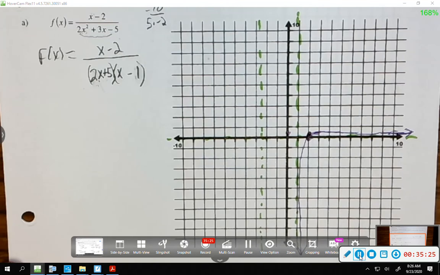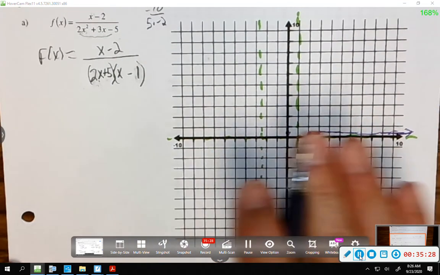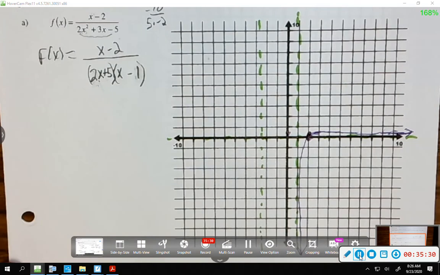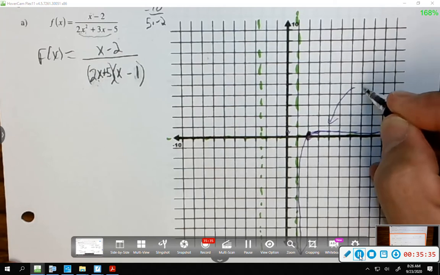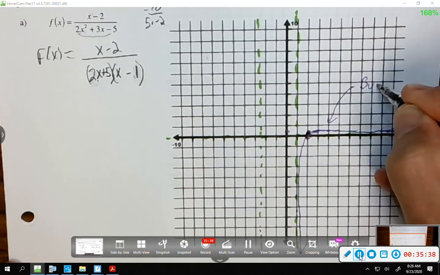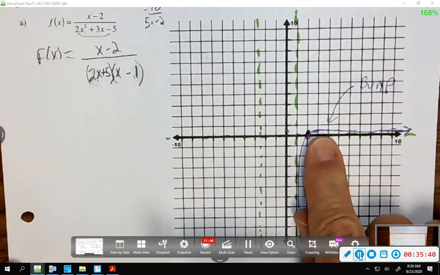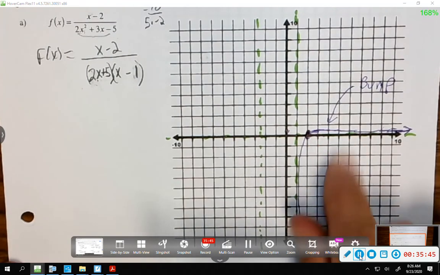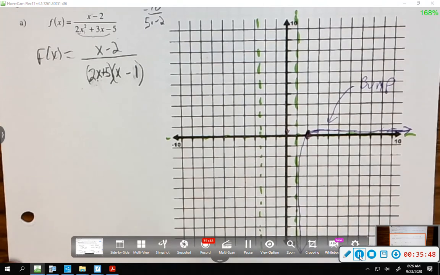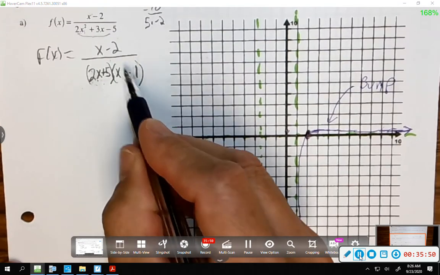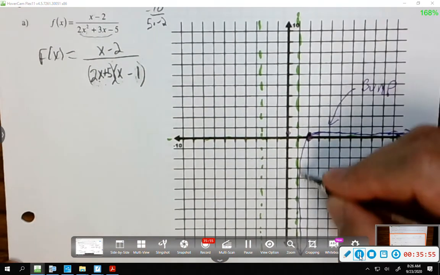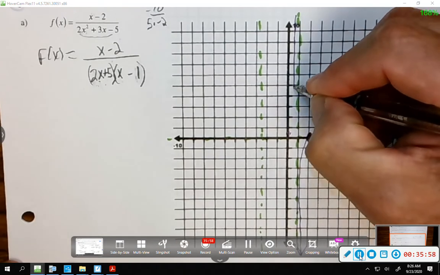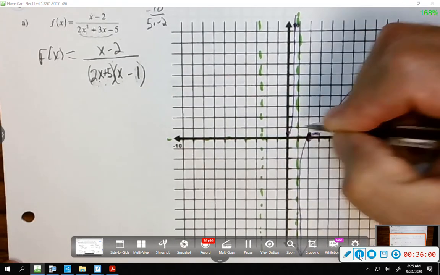Typically, if you have an x-intercept on the outside of the vertical asymptote, that's when you'll see these. I call this a very fancy term. We're going to have a bump here. Really, it's a maximum. We're going to have a maximum point over here to the right of this vertical asymptote. But now, notice, this is 2x plus 5 to the first power. This is x minus 1 to the first power. These are both poles. So I have to climb the pole before I start my graph. I have to go through my y-intercept, but there's no other x-intercept to go through.